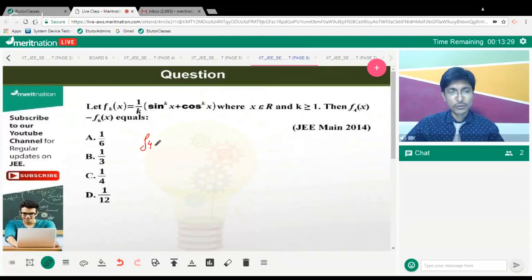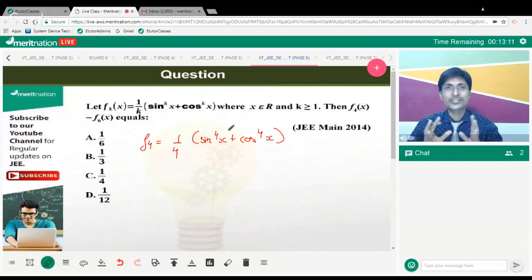So f4 is equal to 1 by 4 times sine raised to the power 4 x plus cos raised to the power 4 x. Now, whenever you see such things, just remember sine square x plus cos square x always makes the question easier.